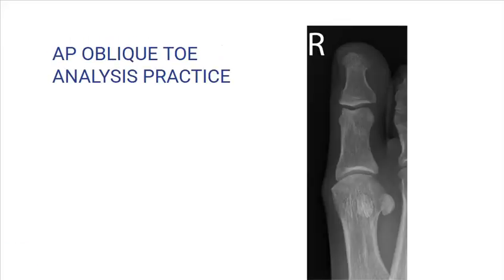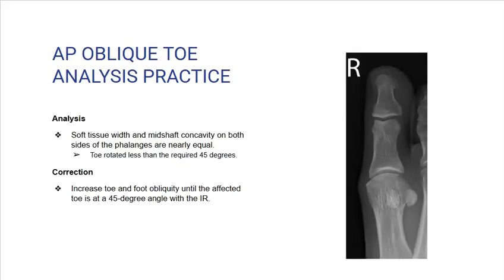We have made it to our first practice analysis. Please review and answer the following question. With toes, we're always going to evaluate the soft tissue width and the mid-shaft concavity.